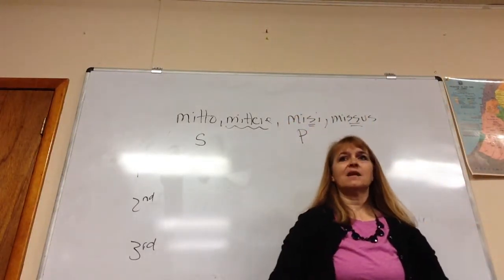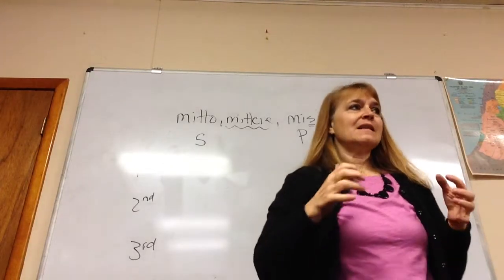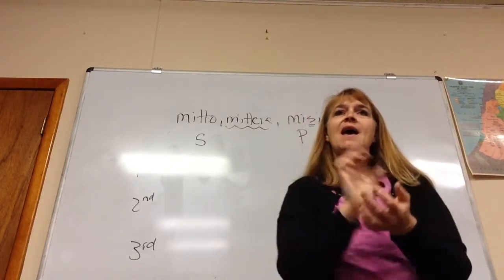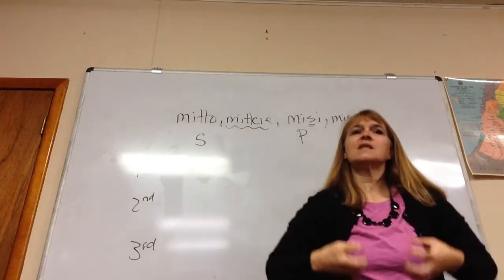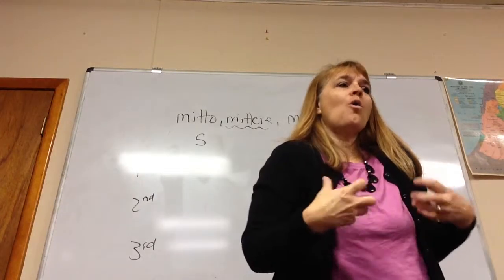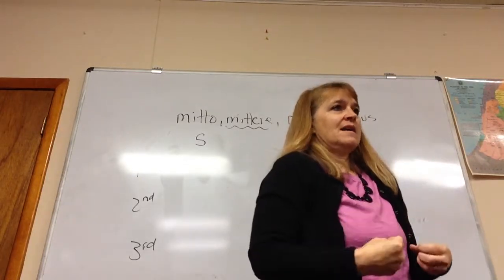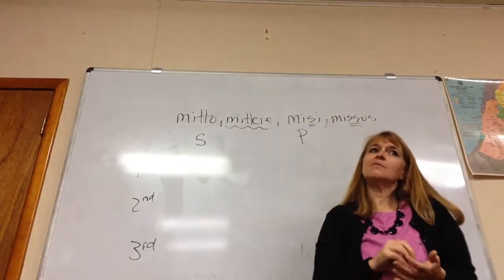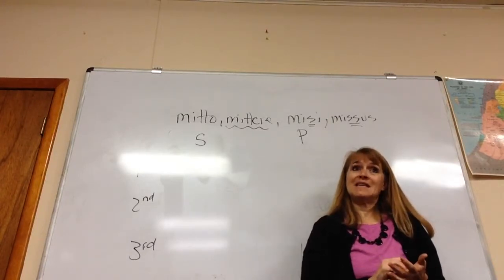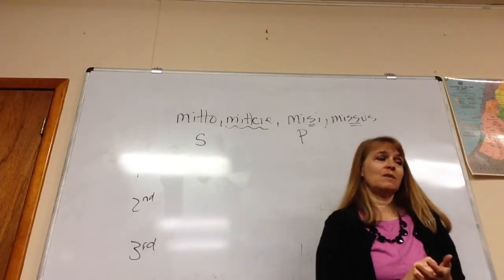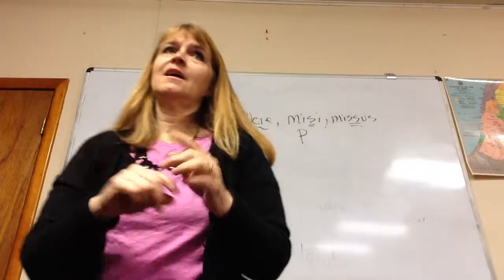Because of that, in the present tense, the E changes to I. Because it's short, it's not able to hold that long E sound. So in the present tense, it's an I: mitto, mittis, mittit. Keep track of that as you go ahead.